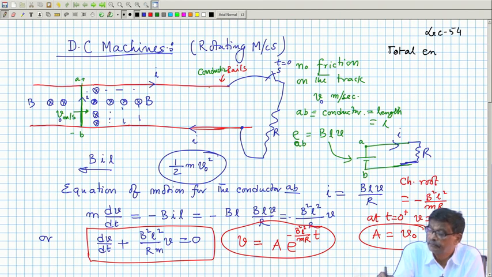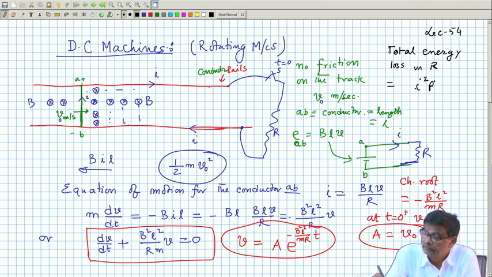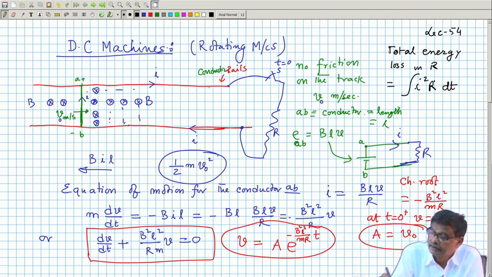in R will be equal to the integral of I square R dt from 0 to infinity.